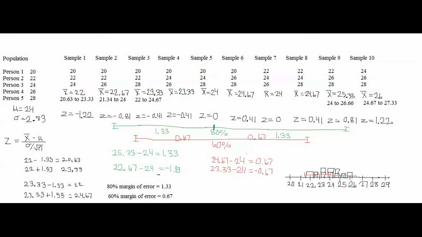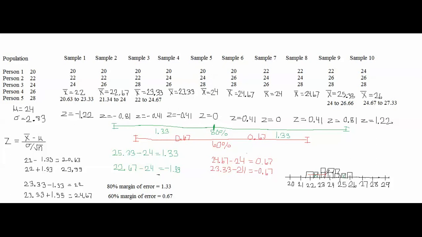When you use one of the outer samples that are outside of the middle 80%, the margin of error isn't long enough to reach the population mean. It falls short of the population mean.